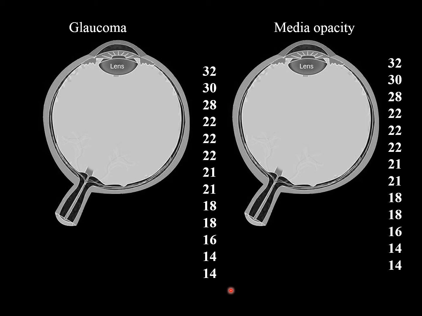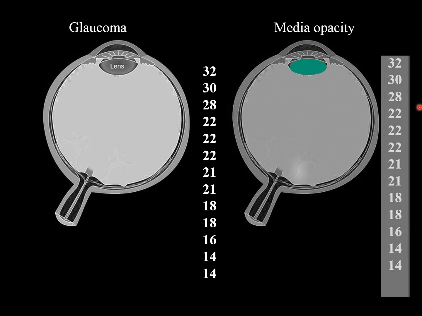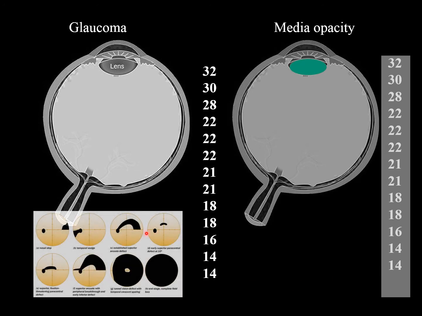Suppose this patient gets some cataract over the next years. The opacity will reduce the amount of light entering the eye, and the sensitivity of all these points will be universally depressed year after year with the same amount of depression. On the other hand, if our patient has glaucoma, we know that glaucoma affects certain areas of the retina gradually till everything is affected.